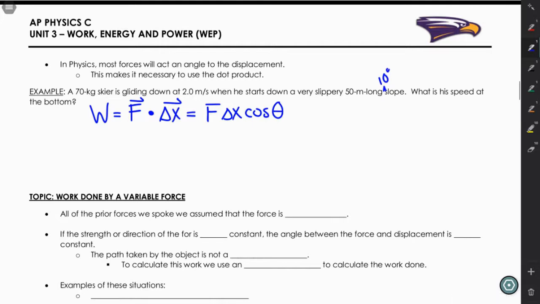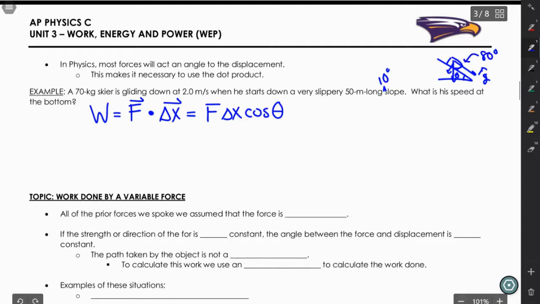If we just look at our skier, this is a 10-degree angle, and here's the force. It's the weight that's pulling him down. If we want to use our concept of work and not have to turn this into a Newton's law problem, we're going to say that this angle at the top is 80 degrees.